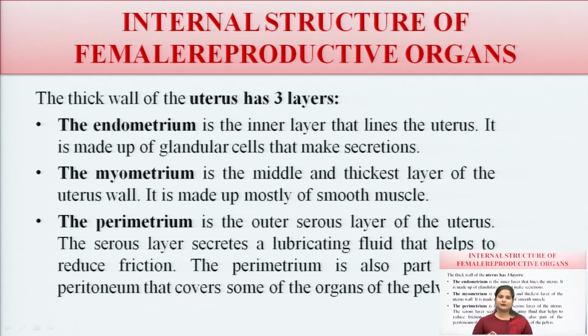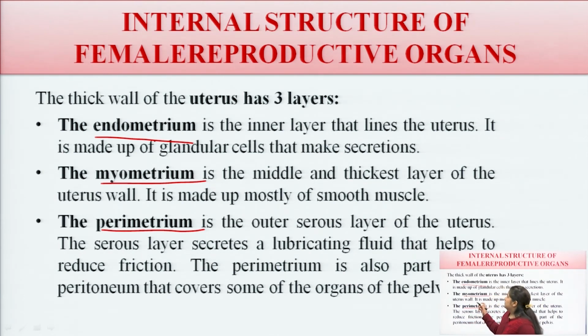Now, there are some layers of the uterus: the endometrium, myometrium and perimetrium. I already told you the implantation process occurs inside the endometrium layer, the innermost layer of the uterus.